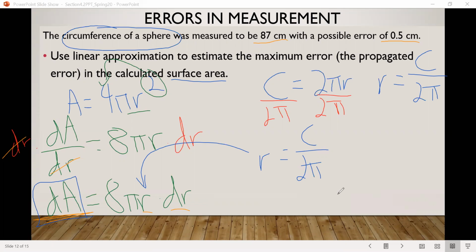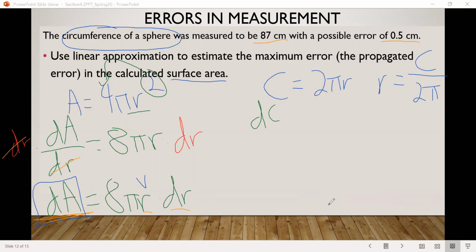Okay, so we got that. And then we also need to find something for dr, right? So in order to do that, I'm going to take the derivative of the circumference function, again with respect to r. So if I do that, I'll end up with dC/dr equals, and we do the derivative on the right-hand side. Well, the r has a power of 1.